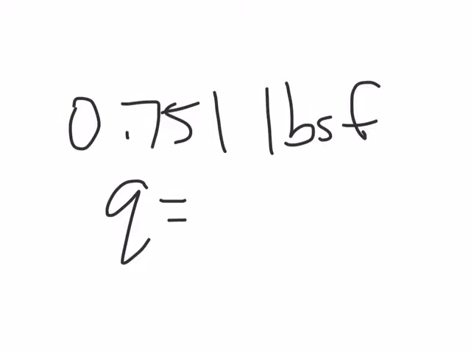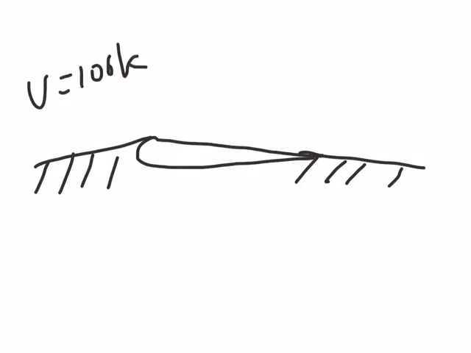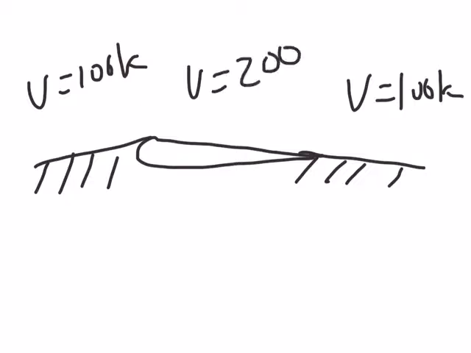So if we draw an airfoil, it's going to be very similar to what we just explained with the Bernoulli equation. The velocity here is 100 knots. The velocity here is also 100 knots. But the velocity here is going to be 200 knots.